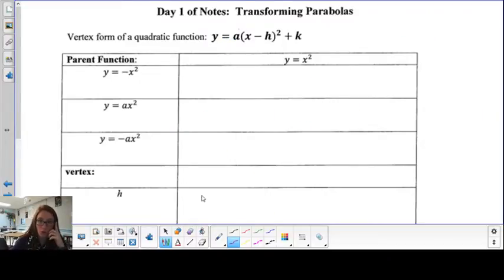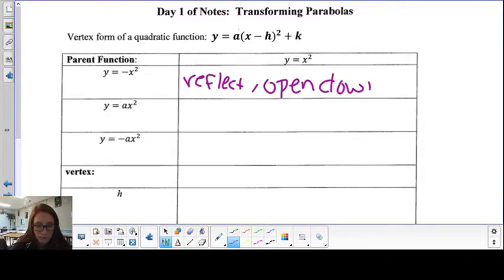When transforming parabolas, some different things happen. If the value in front of my equation, in this case the a, is negative, we're going to reflect. That means it's going to open down. If my a is bigger than 1, it's going to narrow.